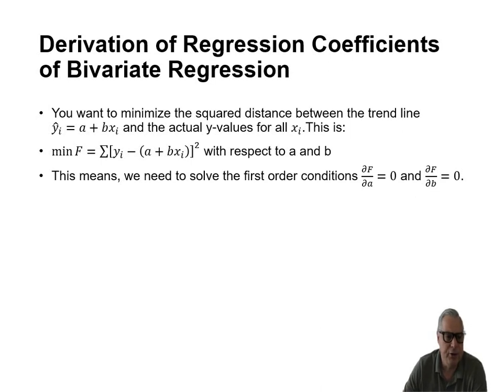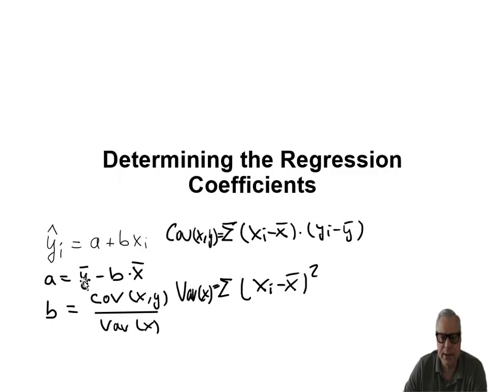Again, what I'm trying to show is that a is the average of all the y's minus the slope, which we need to calculate separately, times the mean of all the x, and the slope turns out to be the covariance of x and y over the variance of x.